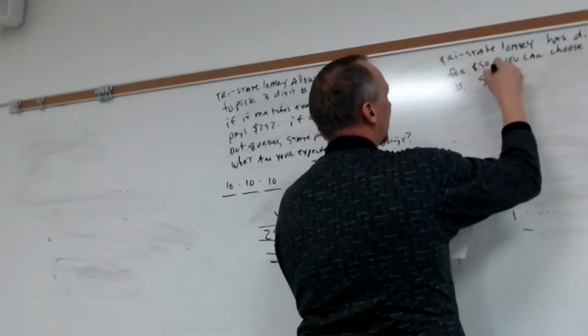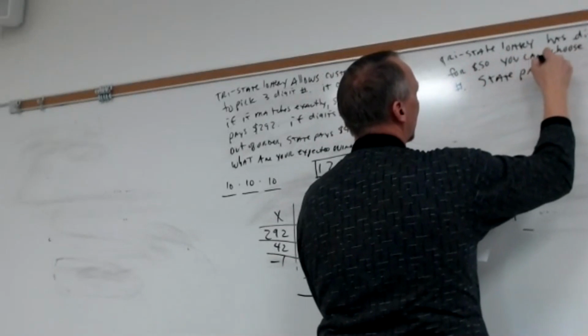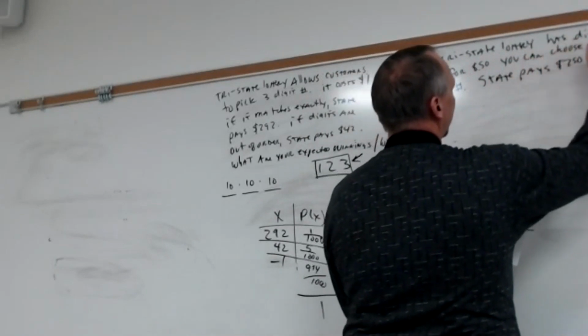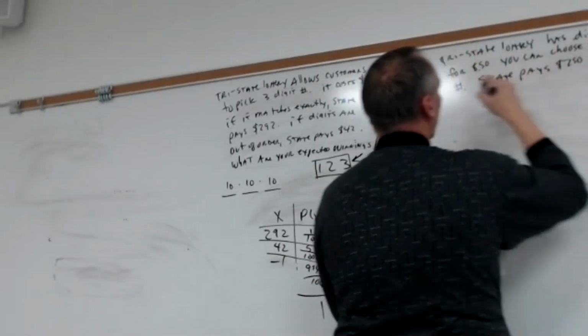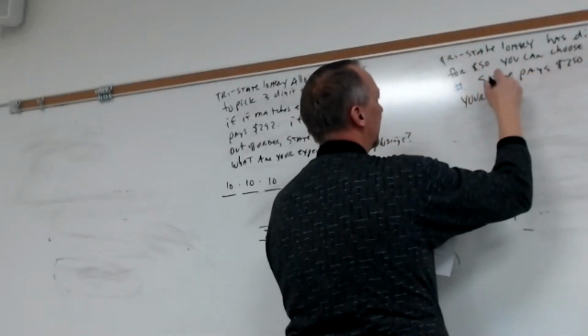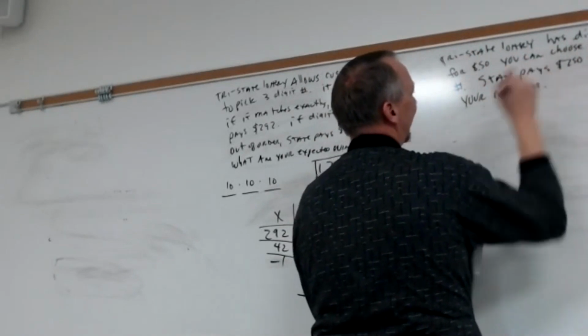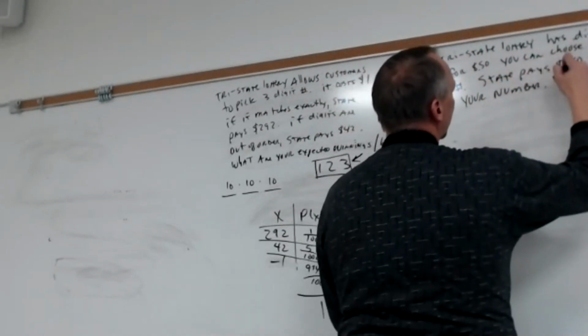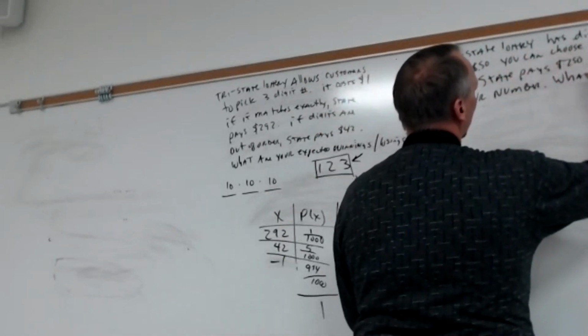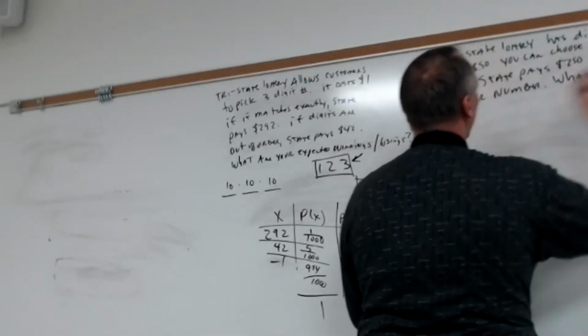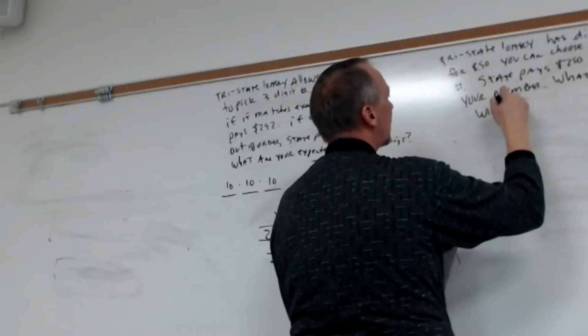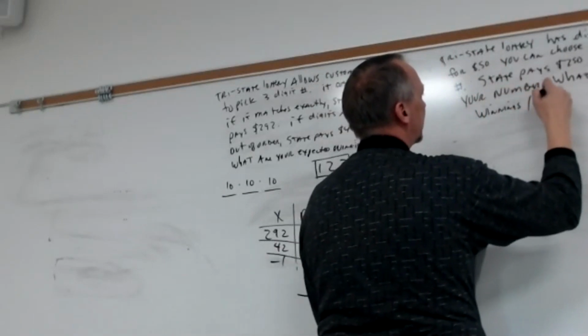The state pays $250 if they pick your number. That's it. What are your expected winnings/losings?